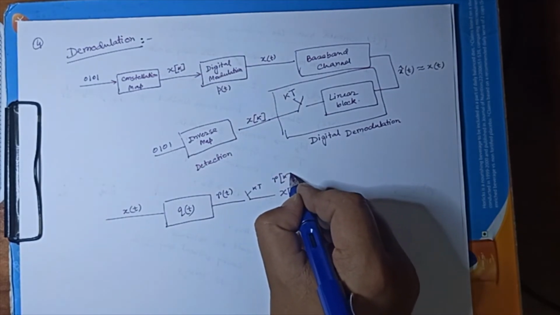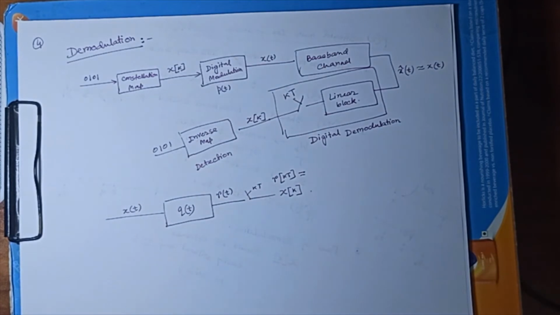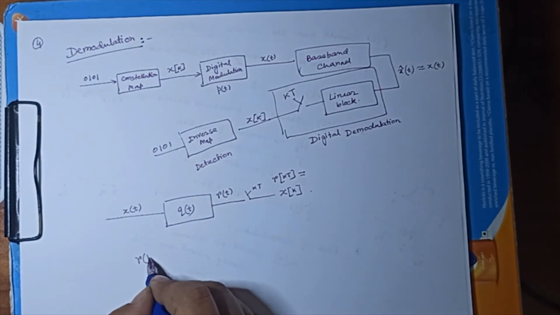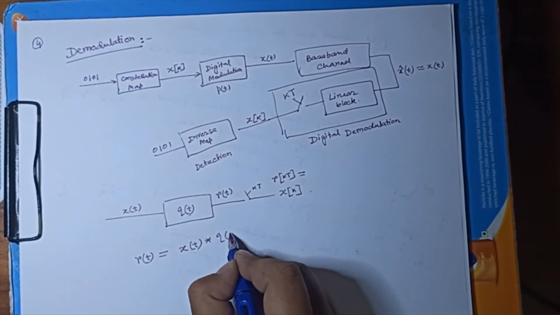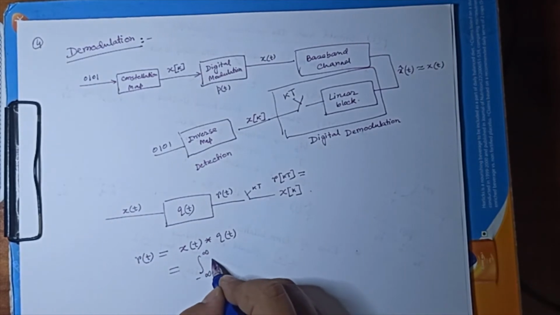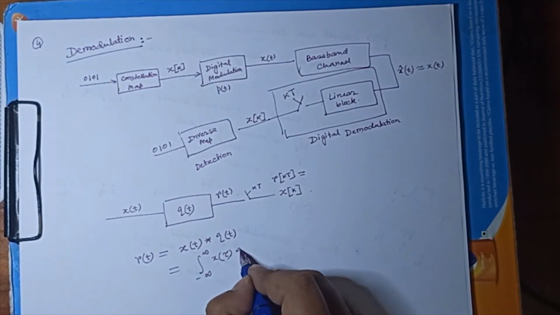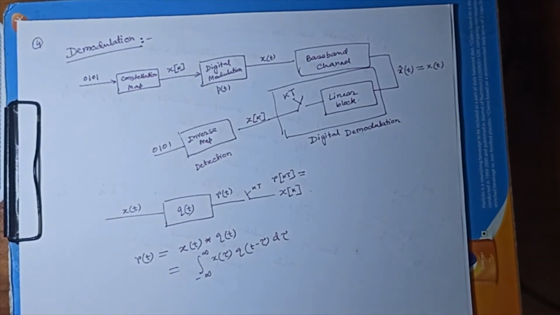So I want that r(kT) will be equal to x_k. So what is r(t)? r(t) is x(t) convolved with q(t). So I can write that as the integral from minus infinity to infinity of x(tau) q(t minus tau) d tau. That's r(t).